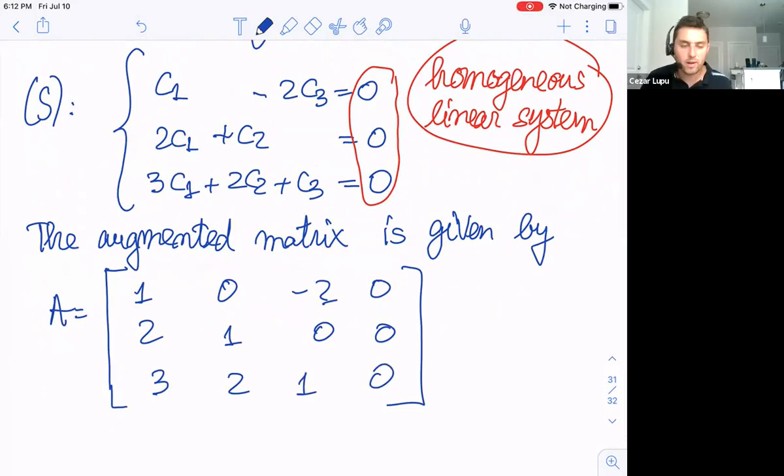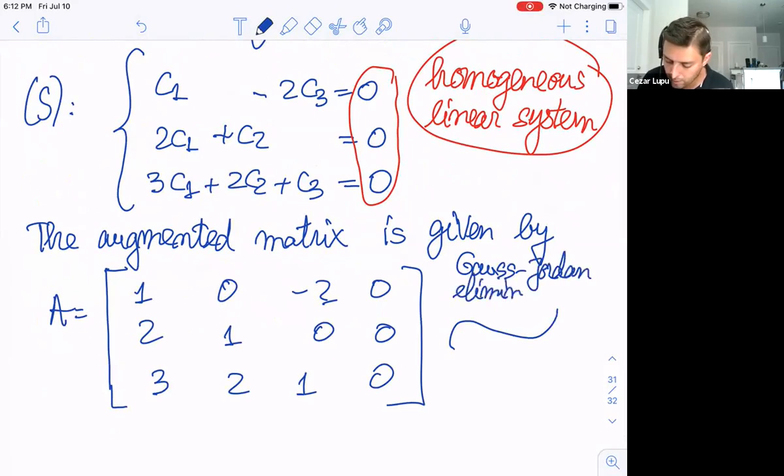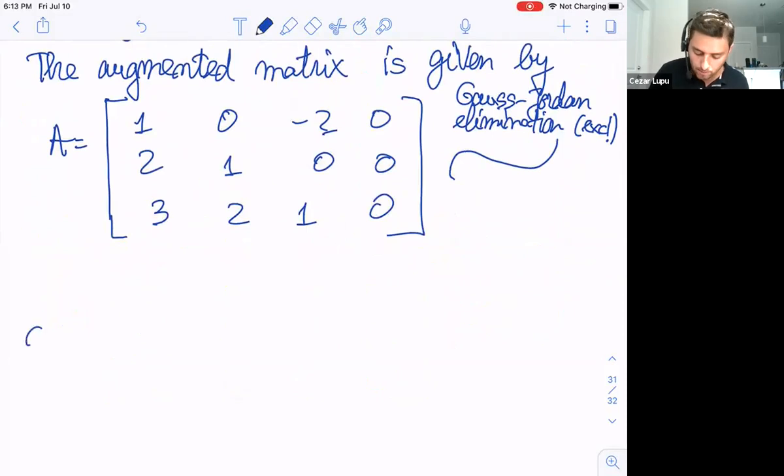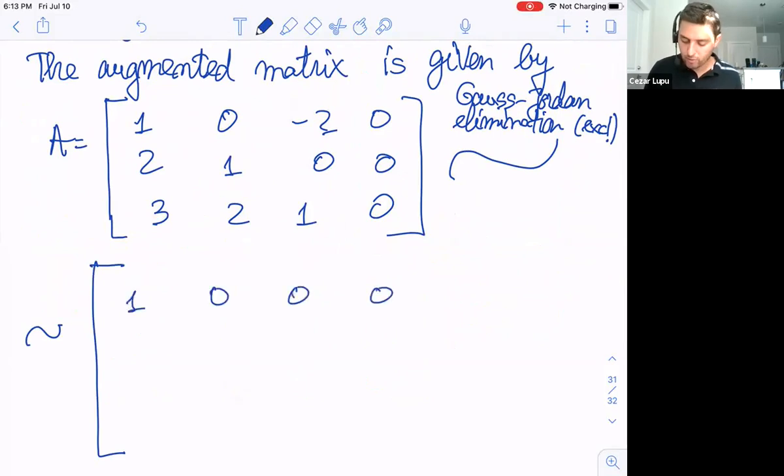And then I will leave it to you as an exercise, doing Gauss-Jordan elimination. This matrix will be equivalent with the following matrix. So it will be 1, 0, 0, 0.